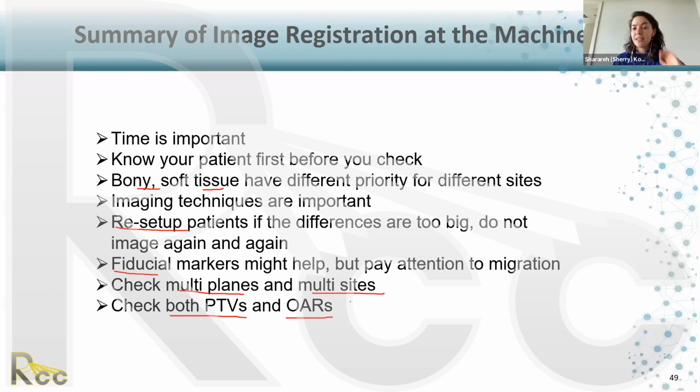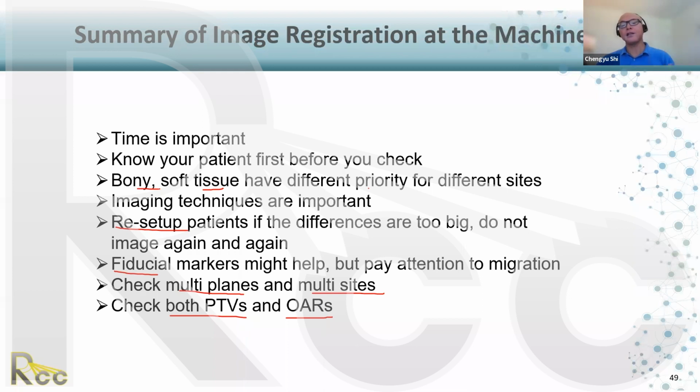Yeah, Nicholas is asking if you could kindly explain the difference between image registration and image fusion. Okay, image registration is a computer algorithm to readjust one image set to another, for example CT to MRI, PET to MRI, PET to CT, or even CT to another CT.